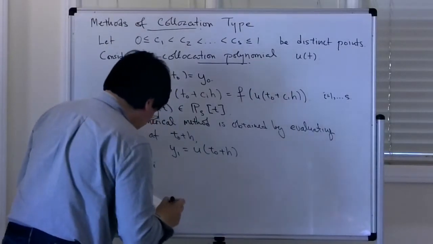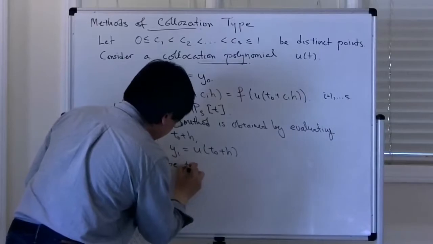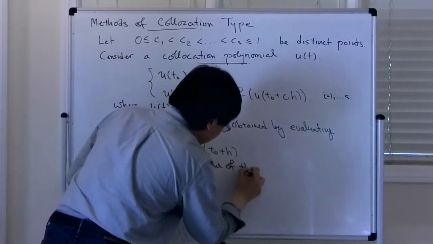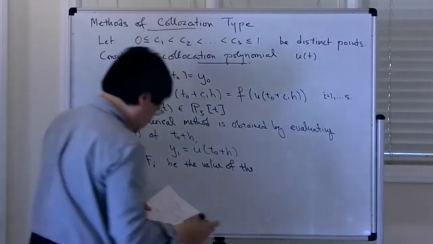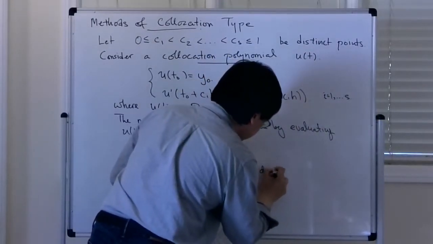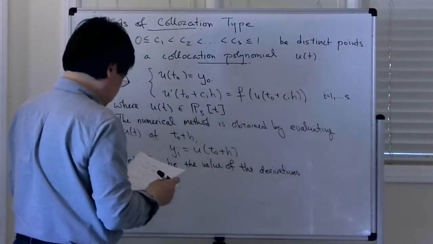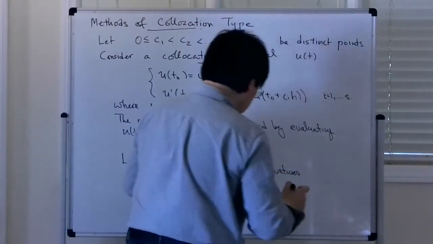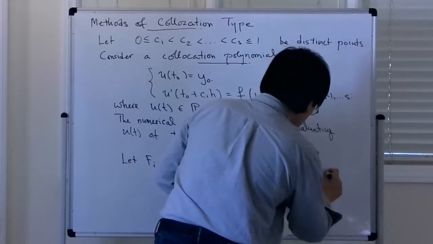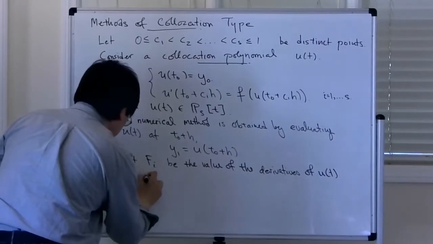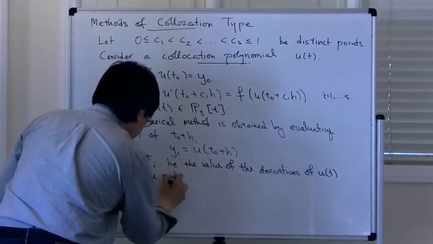So let f_i be the value of the derivative of u(t) at the nodes.